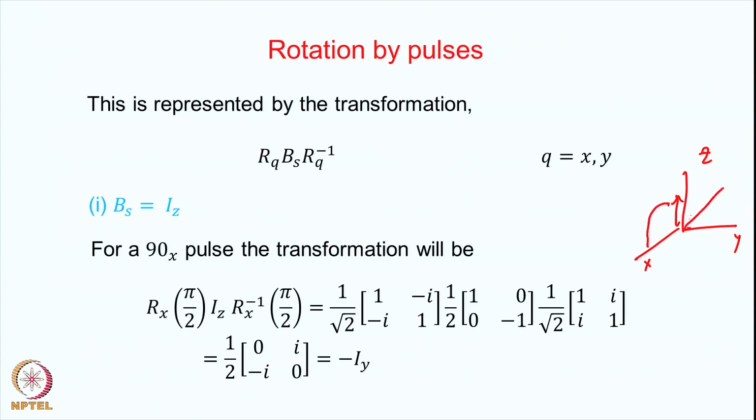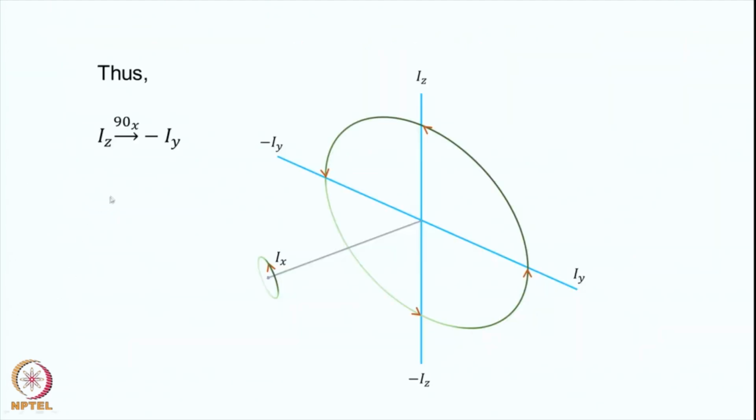So from x, y, z, it goes into minus y, gets rotated here to minus Iy. Iz goes to minus Iy if I apply a pulse along the x axis. Okay. So that is the calculation we got from this 90-degree X pulse. So Iz operator under 90x, this is indicated here in the figure.